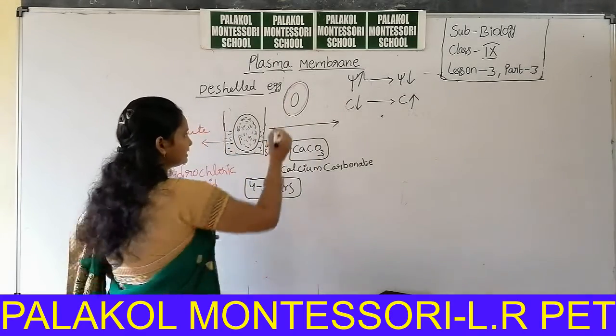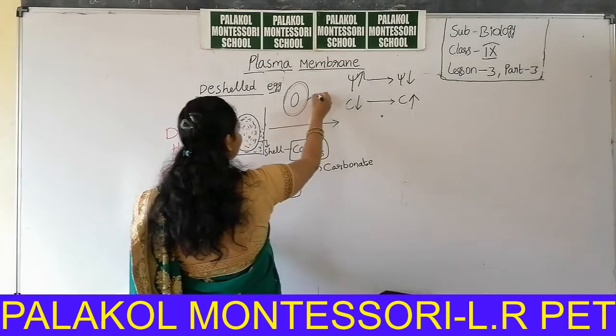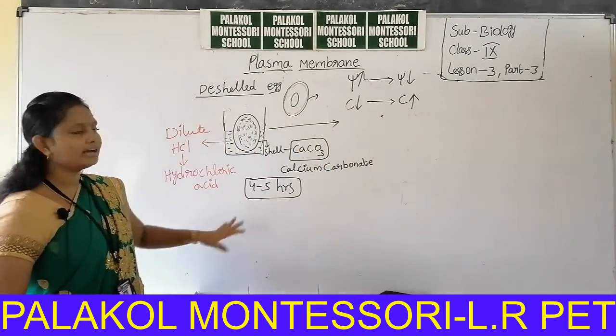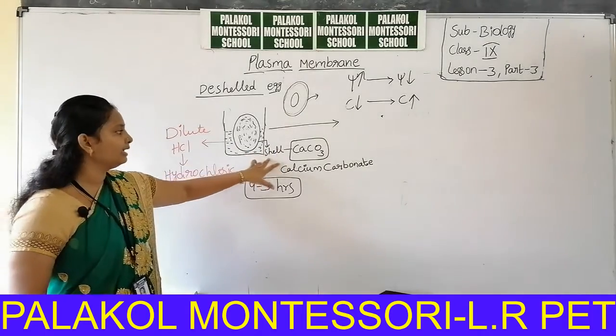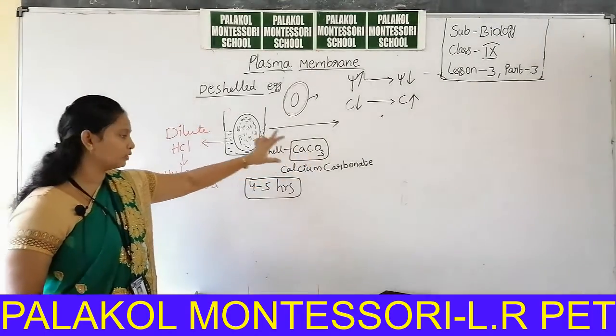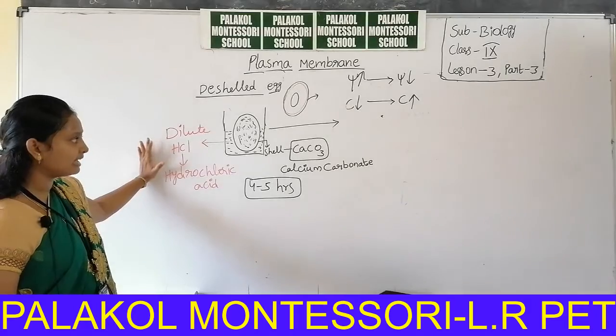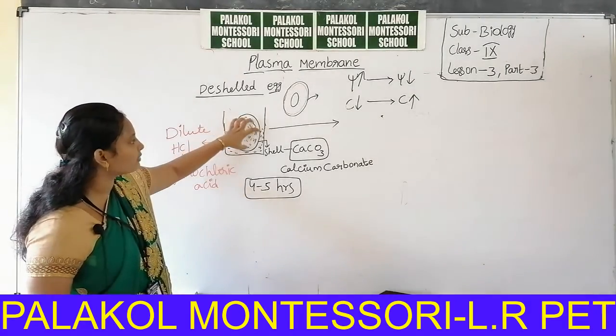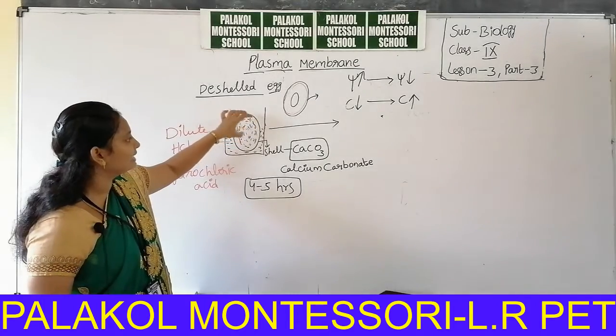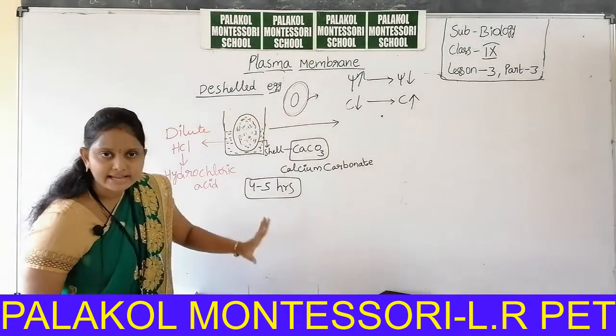We can observe this layer now. After removal of the shell by dissolving the CaCO3 in dilute HCl, what will happen? Only the layer along with the white and yellow parts of the egg is present.